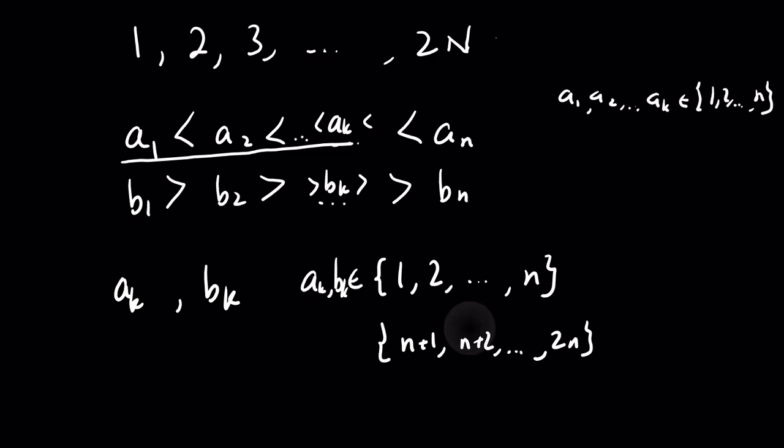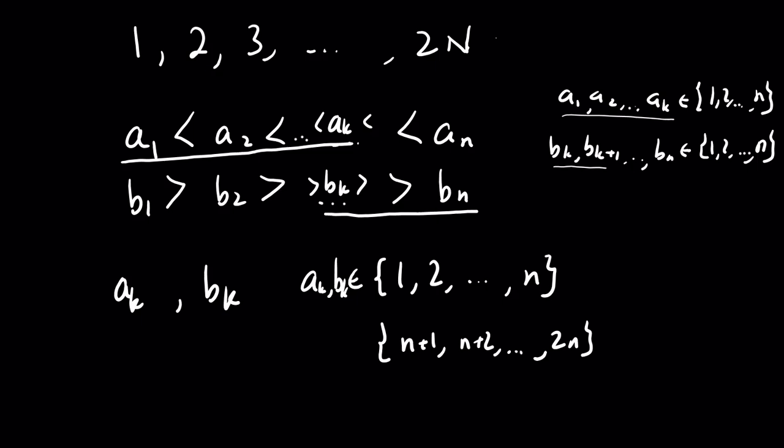Also, BK plus 1 up to Bn also belong to the set containing 1, 2 up to n. It is easy to see that there are exactly n plus 1 of them. But in the set 1, 2 up to n, there are only n elements. This is impossible.